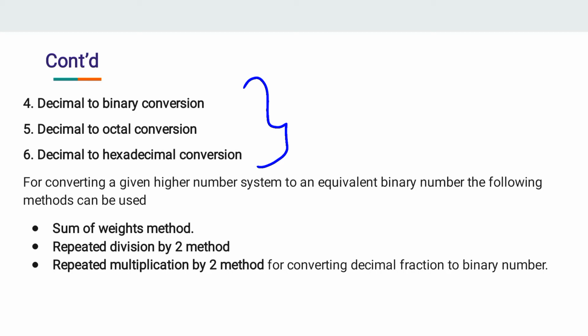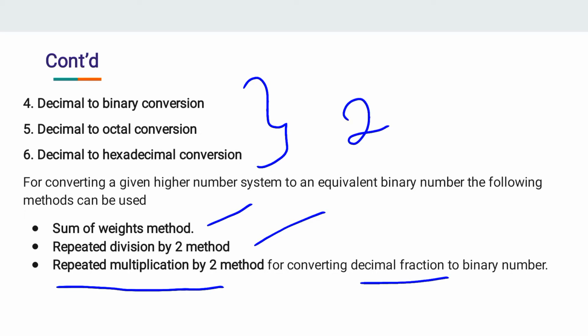Here we have two methods for conversion. One is sum of weights, and one more is the repeated division by 2 method. This one is the repeated multiplication by 2 method for the decimal fraction. That means, take an example.